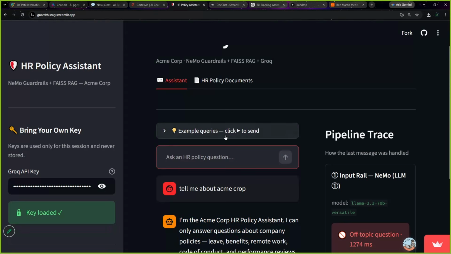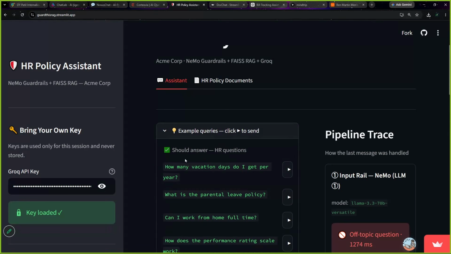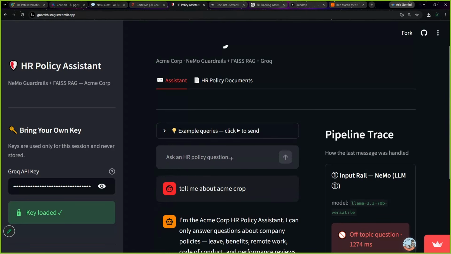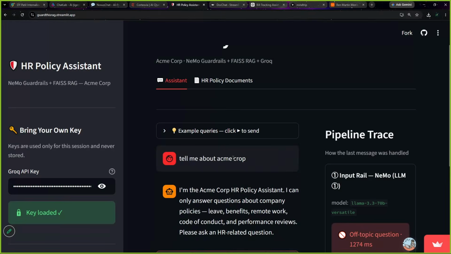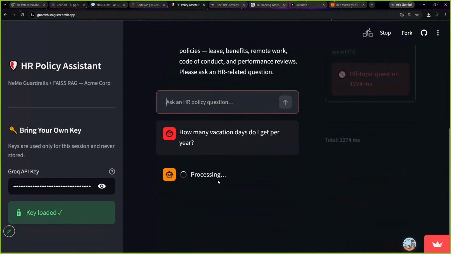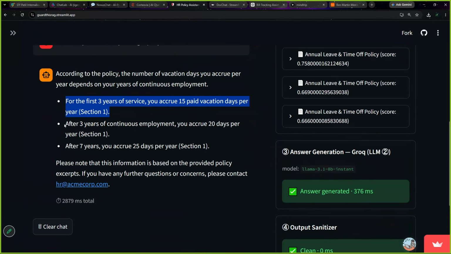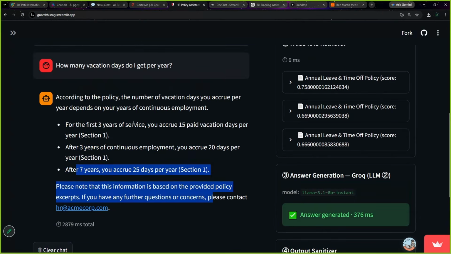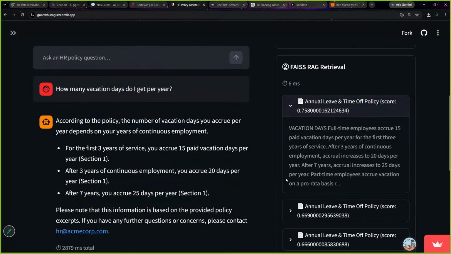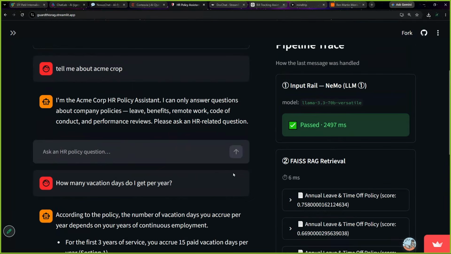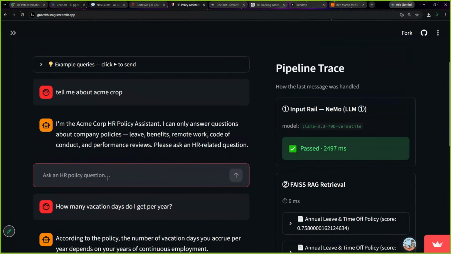All right. Again, if I ask some company related question, how many vacations do I get per year? It is going to give me some response based on the documents which we have provided for the last 3 years, etc. This is the kind of response we got from these particular documents. All right. If I ask a random question, how to make a coffee?